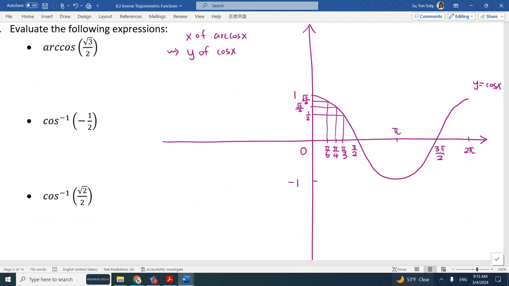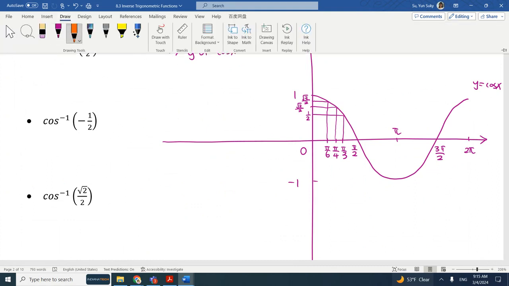Once you draw the picture, it's very easy to see because your x values are increasing and your y values are decreasing. So the biggest is 1, then root 3 over 2, then root 2 over 2, and then 1 half. And 1 half you can see is about half of the way. Okay, everybody? So draw this picture and draw it bigger so you can see the x and y values of the first quadrant.